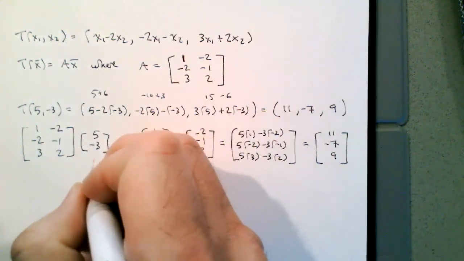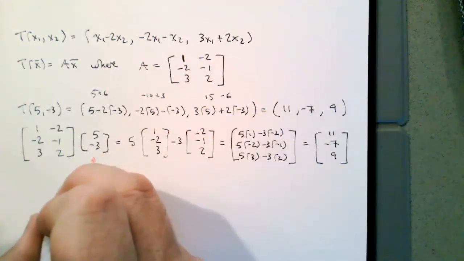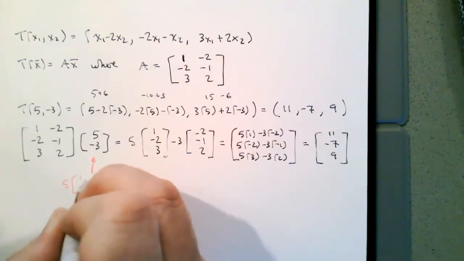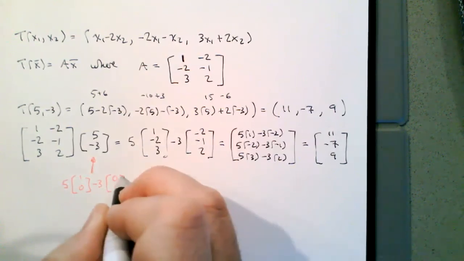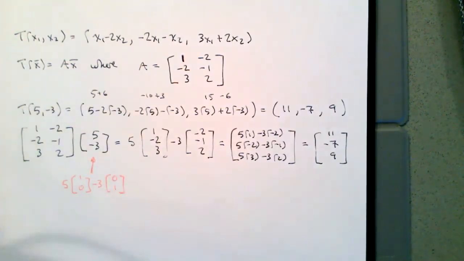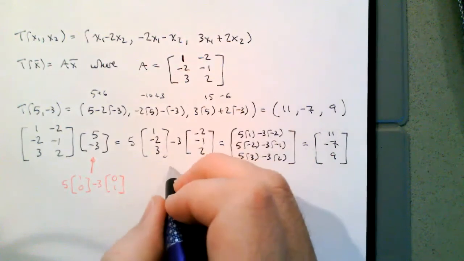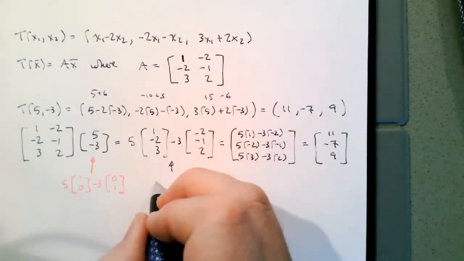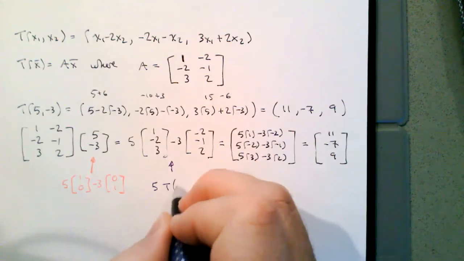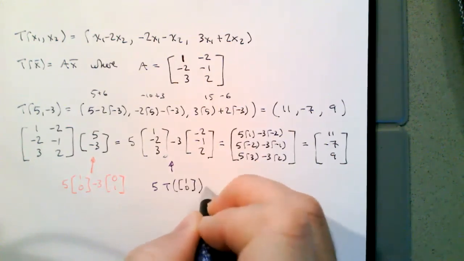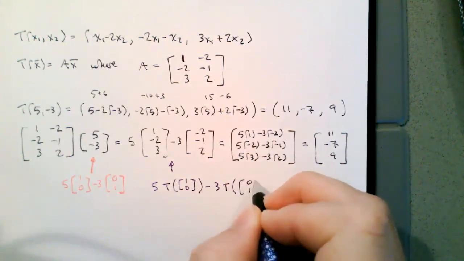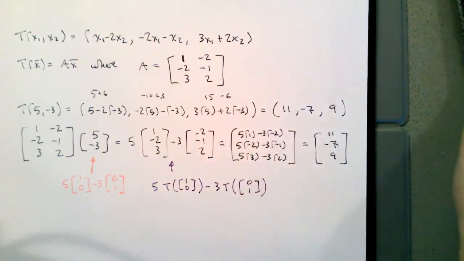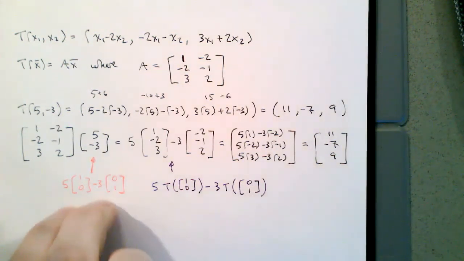This 5, negative 3 is 5 times the first vector minus 3 times the second vector in the standard basis for R2. And we have the same linear combination here when we implement the map. 5 times the image of 1, 0 minus 3 times the image of 0, 1. Since T is linear, T respects this linear combination.